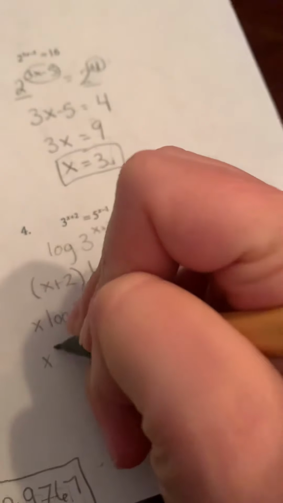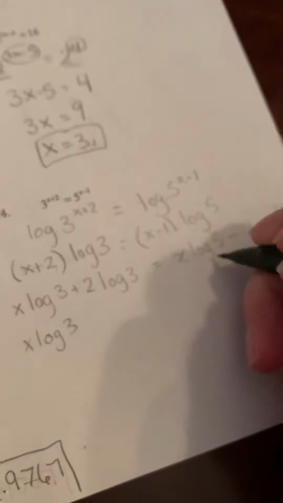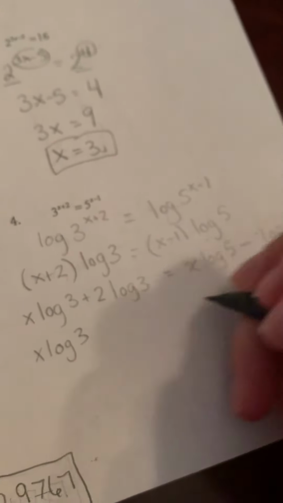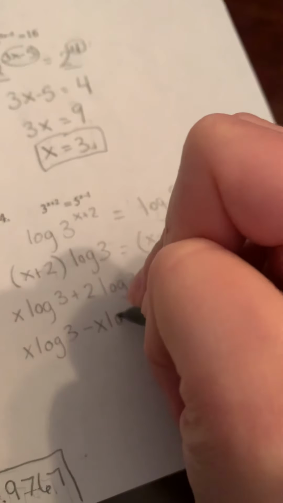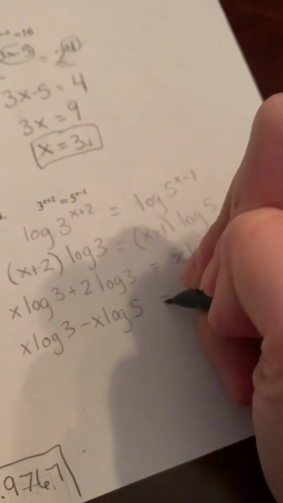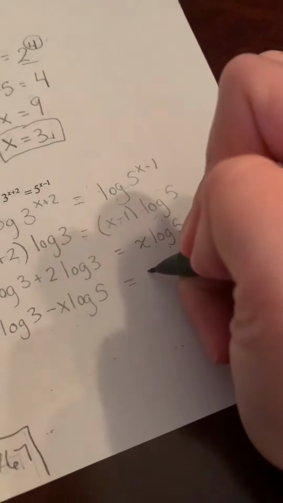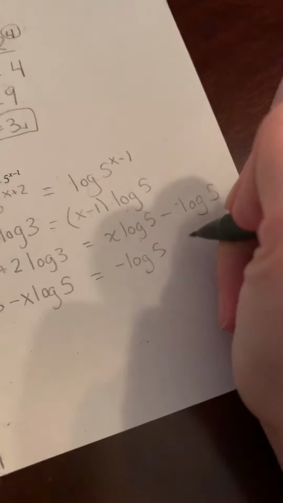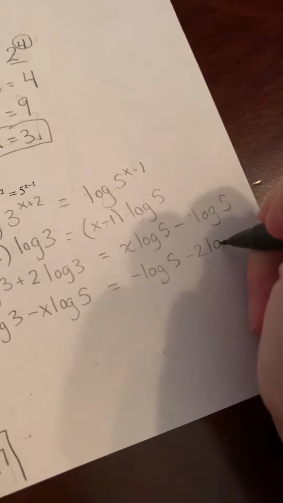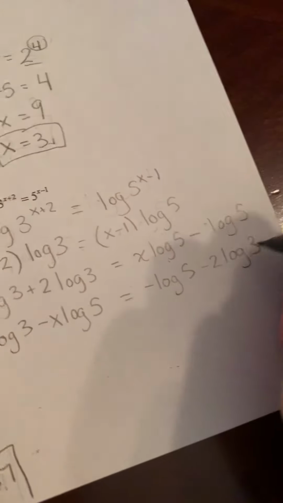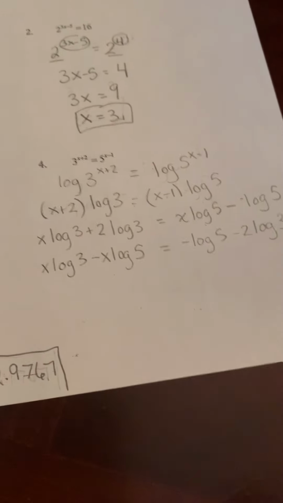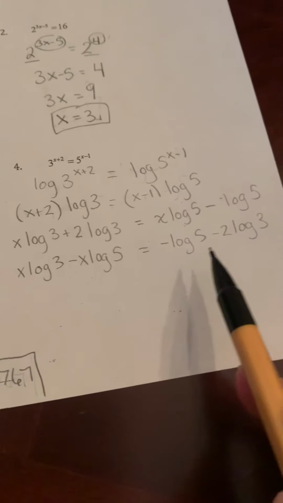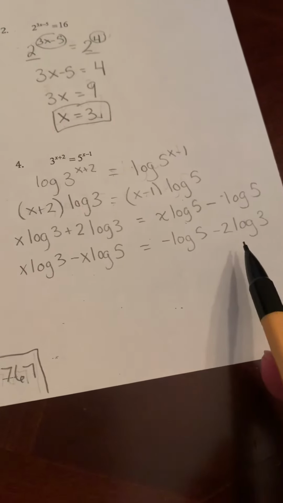And what that will look like is x log 3. I'm going to take this x log 5, subtract it over. And same deal, I'll have minus log 5 still over here, but I'm going to subtract the 2 log 3 to the right-hand side. Okay, so now I have my variables on one side and anything without variables on the other.